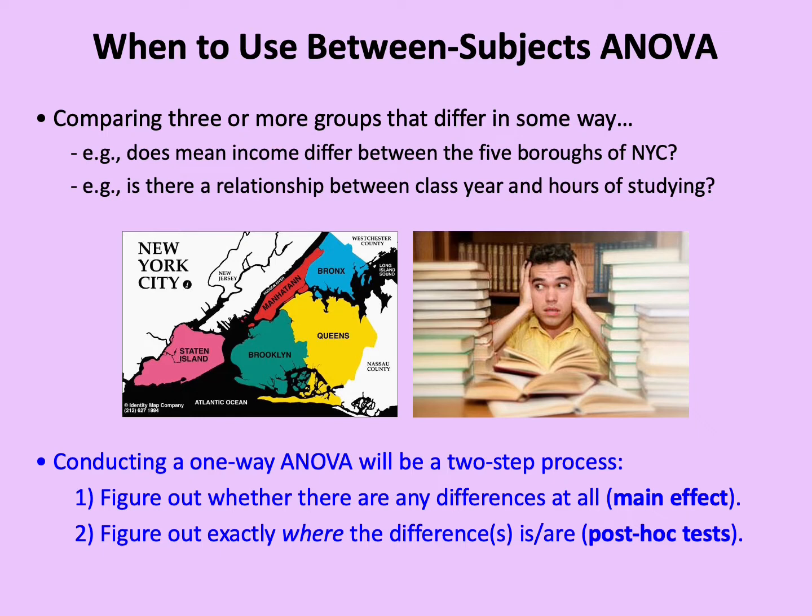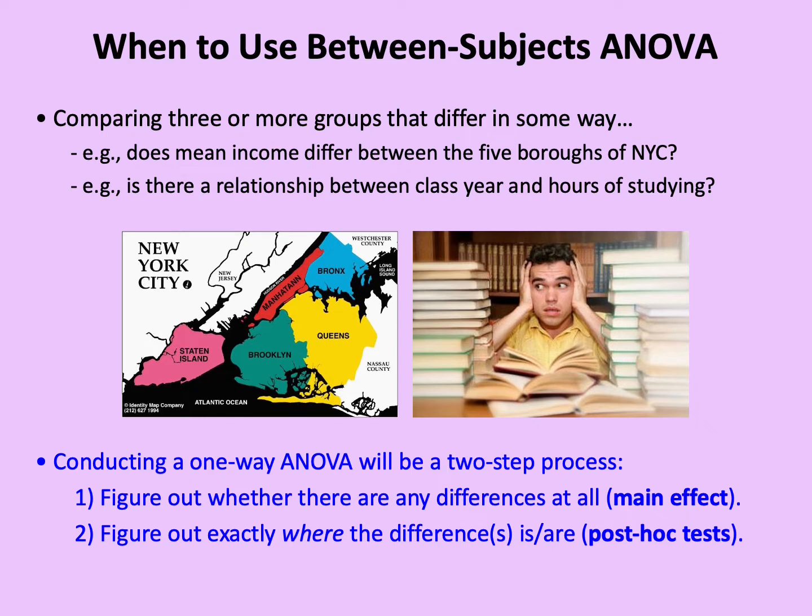Another example is if we're looking to see if there's a relationship between class year and hours of studying. Maybe one hypothesis would be that upper class students, juniors and seniors, have the benefit of prior experience and know that the more they study, the more successful they'll be in their classes.